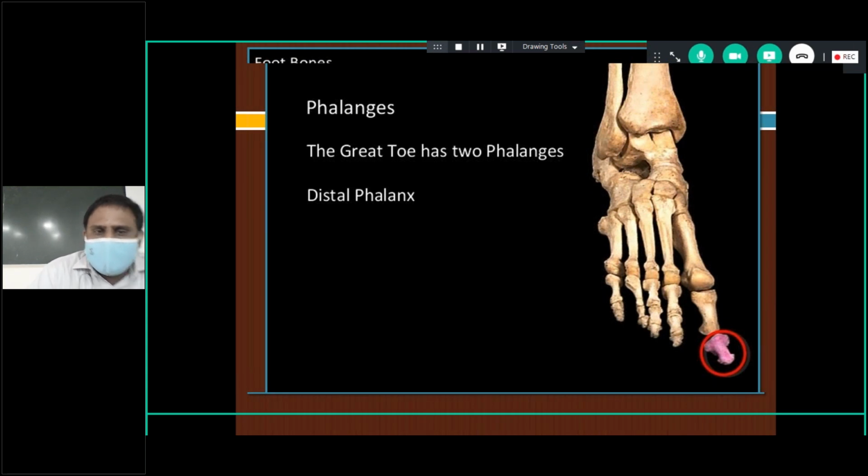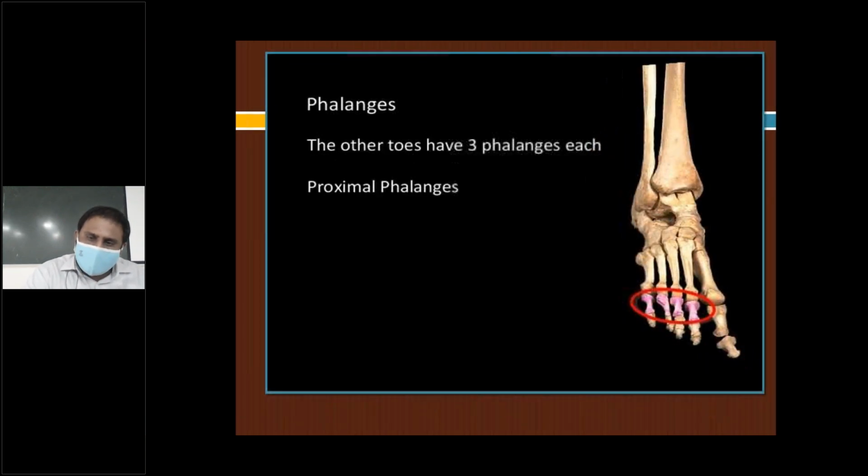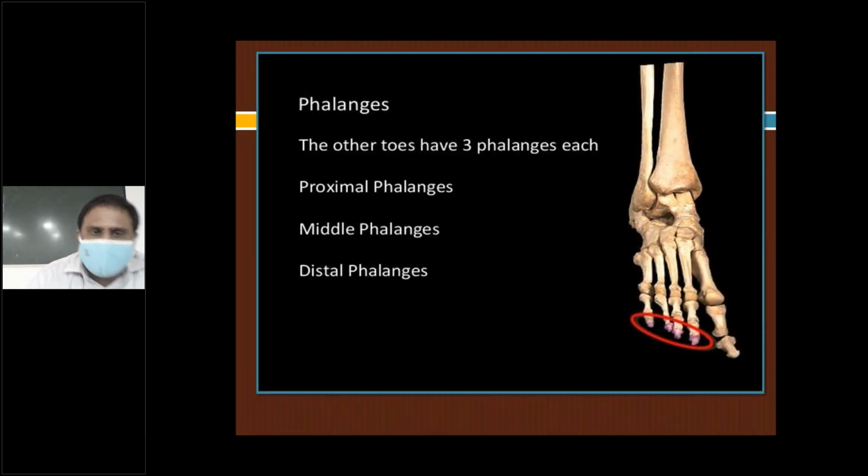The other toes, except the big toe, have three phalanges each: proximal, middle, and distal phalanges.